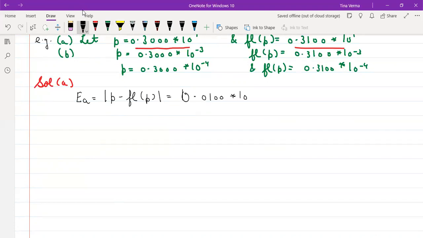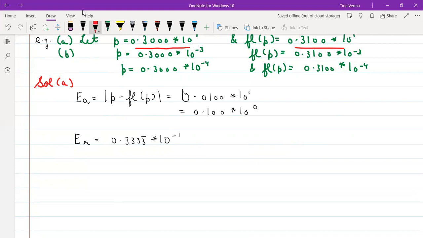If you write it in standard form, this will be this. And in case of relative error, this comes out to be 0.3333 and so on, into 10 raised to the power minus 1. This is for the first case.